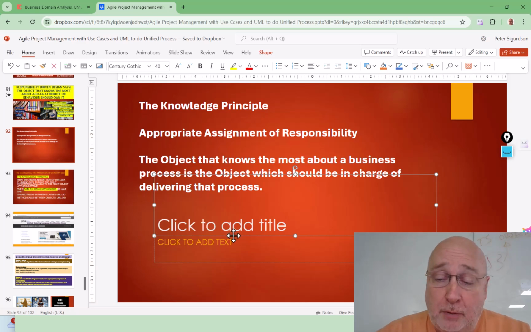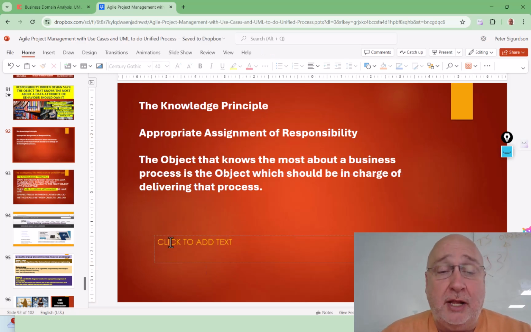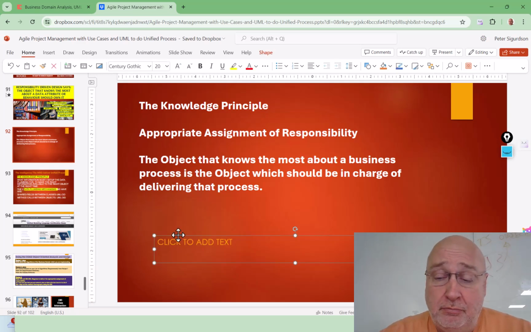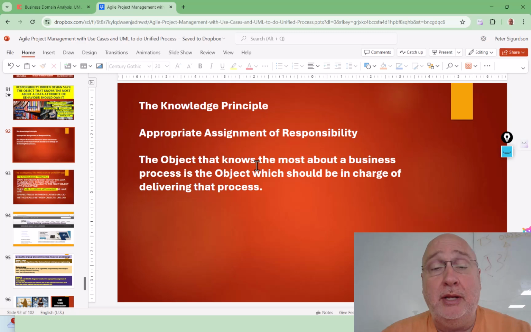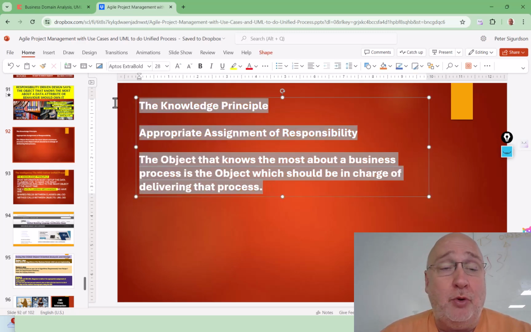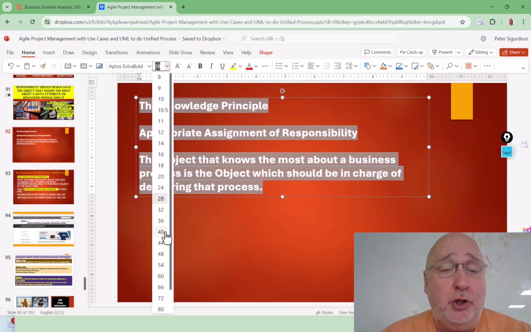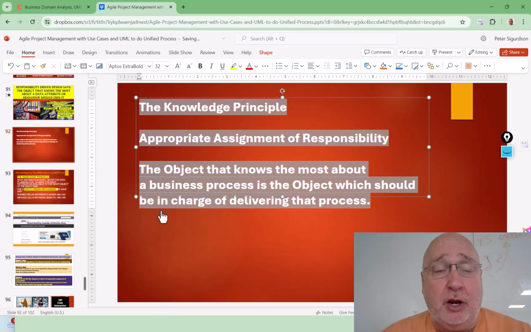So this helps you when you're doing your business analysis. You know all the business processes because they're described in the business analysis. You write them down. And I know there are all these fancy tools like Figma and stuff. Honestly, all I want you to use is a piece of paper and some colored pens.